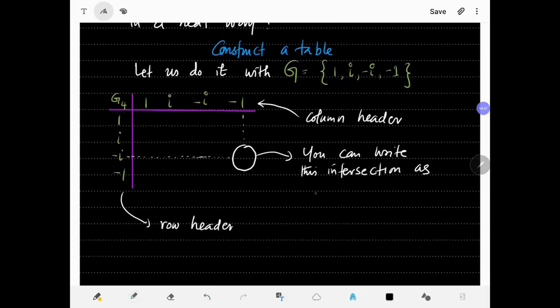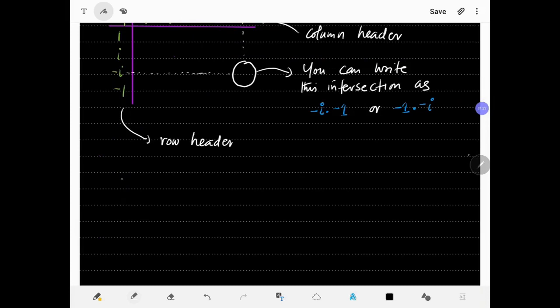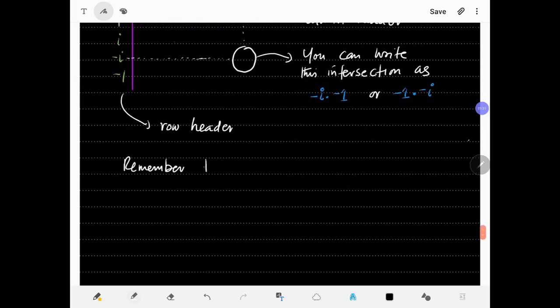First, minus i into minus 1, as well as minus 1 into minus i. In this example, the answer you are getting is the same either way, but this becomes a problem if your elements are matrices, because matrices in general do not commute. And therefore, we should follow a convention while constructing this table.